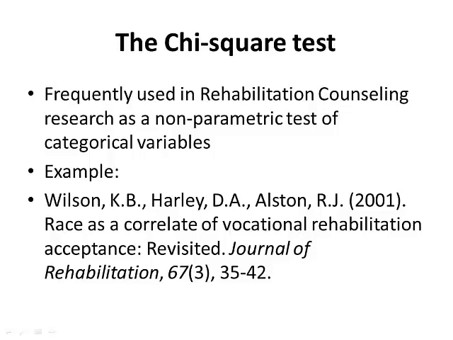You can't use the parametric test because our variables are measured categorically. And so in a case like that, you would appropriately use the chi-square test. This article provides a nice example of that. So that will conclude our discussion of the chi-square and the parametric and non-parametric tests of difference.